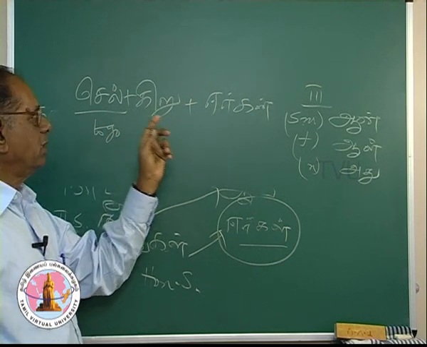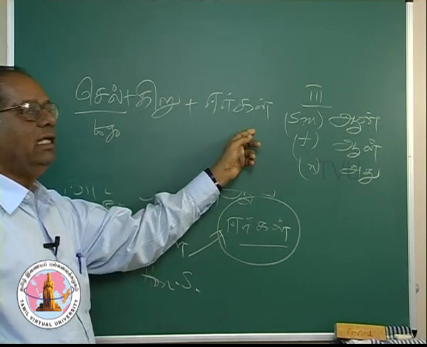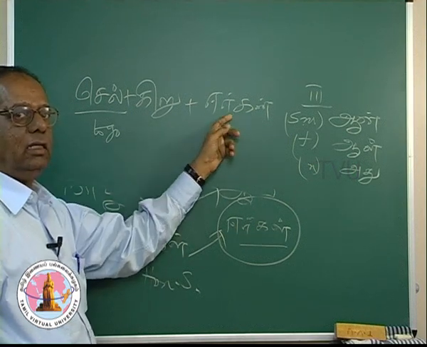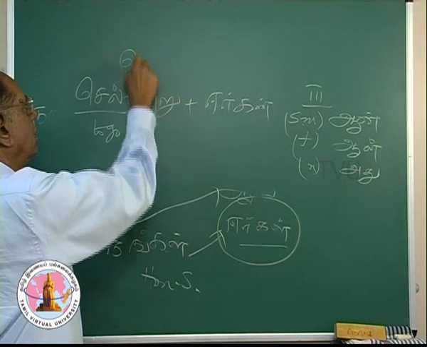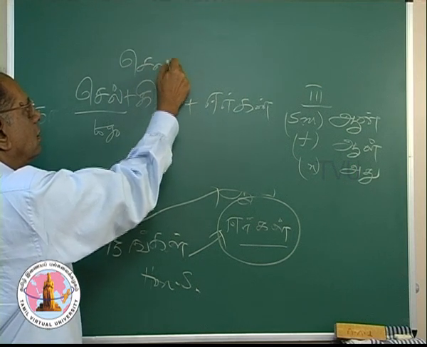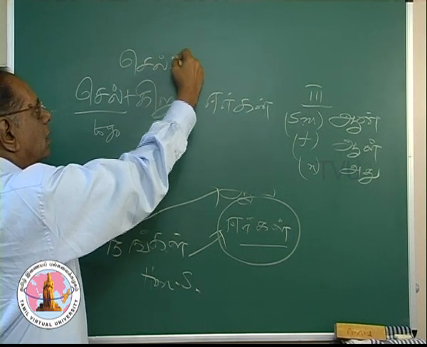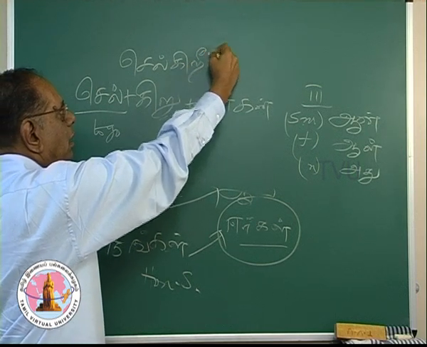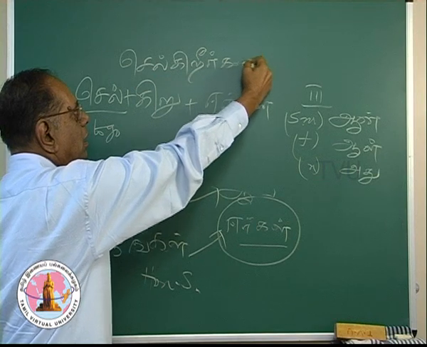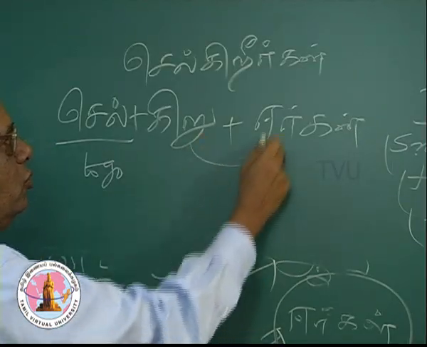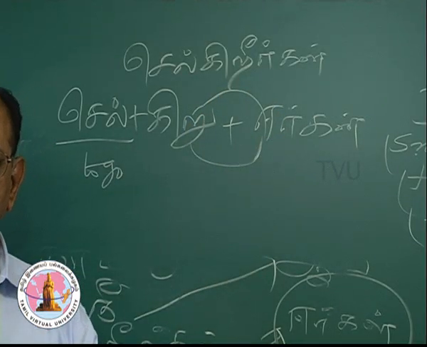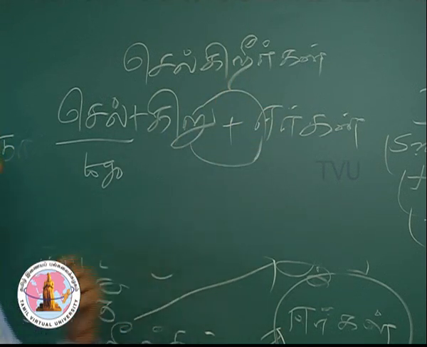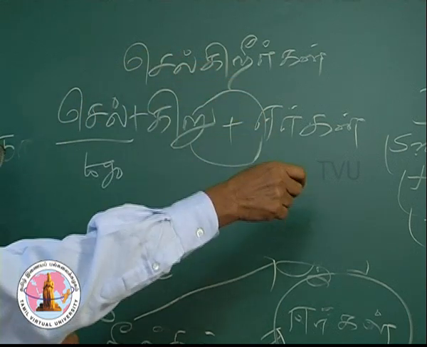Sel plus kiru plus ஈர்கள், second person plural. What happens? These two get combined. செல்கிறீர்கள். Second person plural. நீங்கள் செல்கிறீர்கள்.